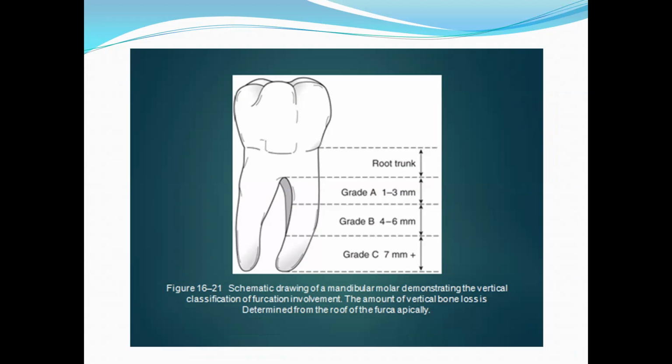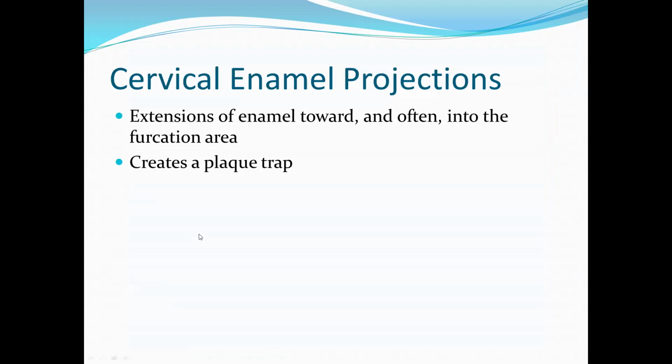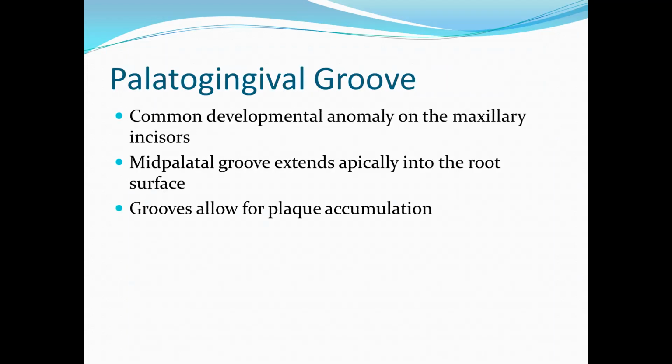And then the vertical is what you're using your regular periodontal probe for. Cervical enamel projections create a plaque trap. Attachment cannot happen on enamel. Palatal gingival grooves, especially the maxillary linguals of the maxillary lateral incisors.